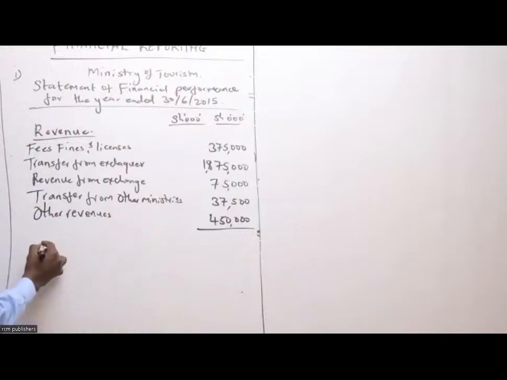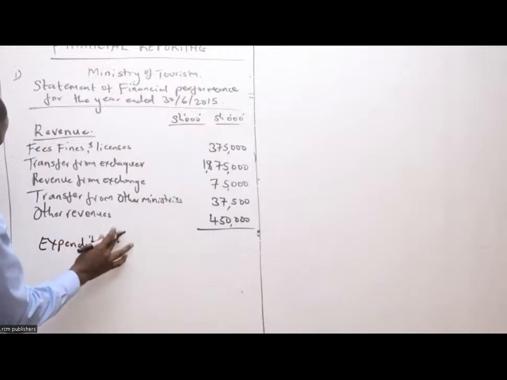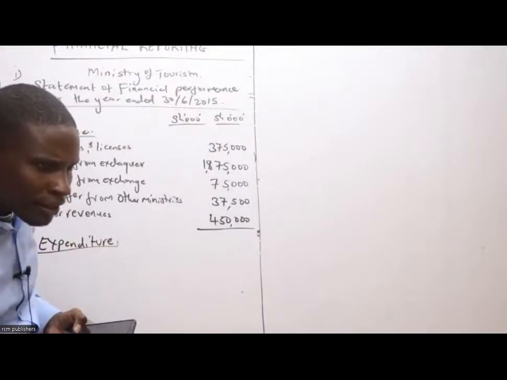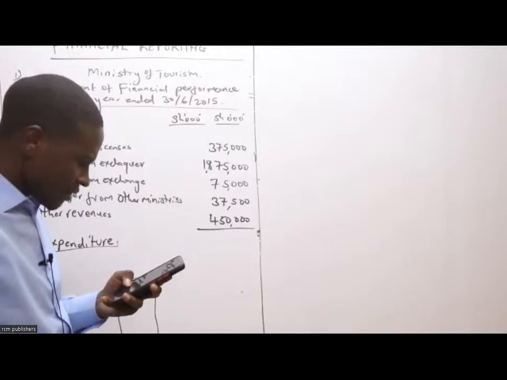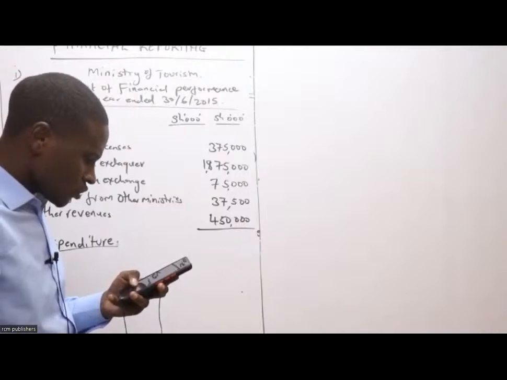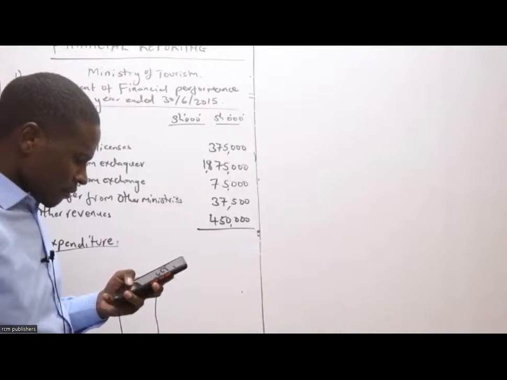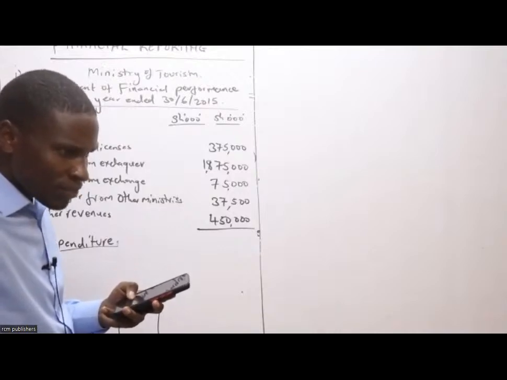Before we go to the expenditure, we get 1125. Someone to confirm what Nora is giving us. Nora gives us 1,125,000.